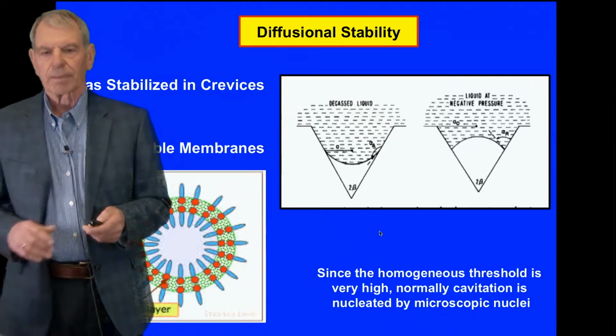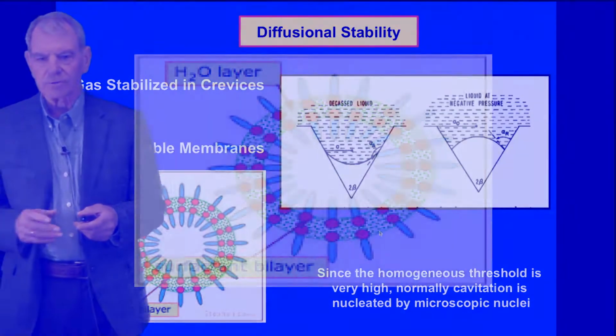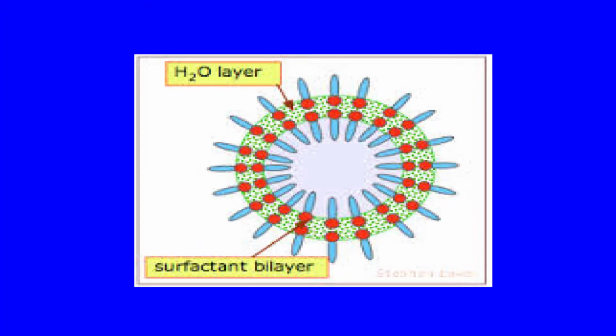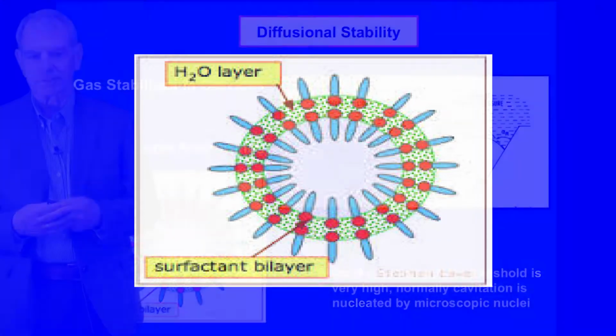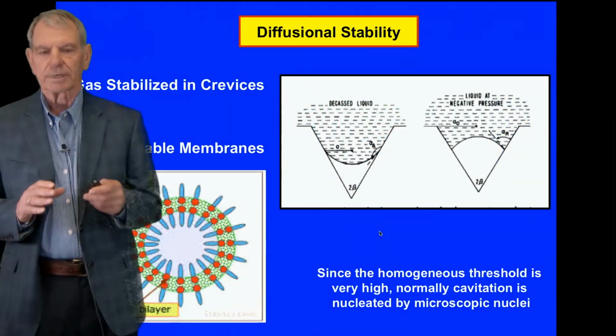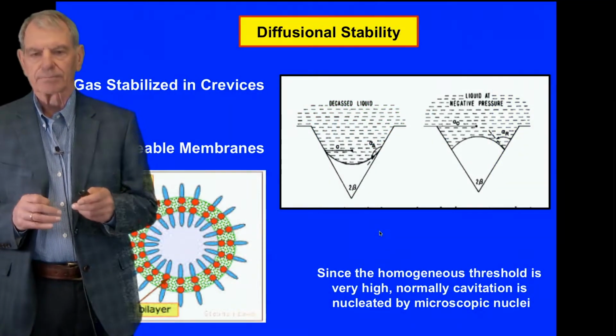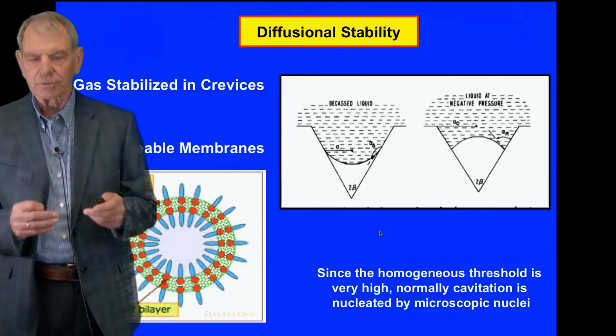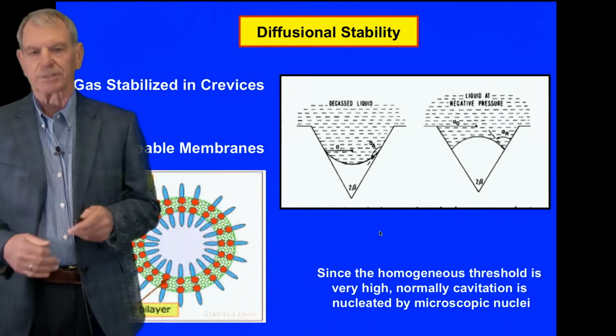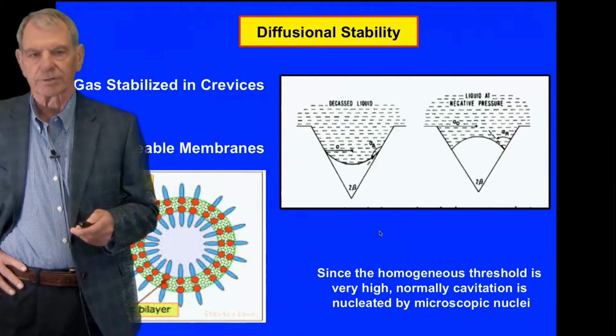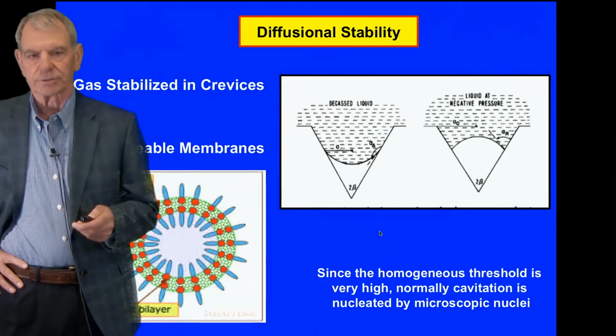Of course, there are also cases in which bubbles are actually stabilized by surface active membranes, but this is only under special circumstances. So bubbles act as nucleation sites, but the bubbles have to be stabilized some way or other. And we call this diffusion stability.